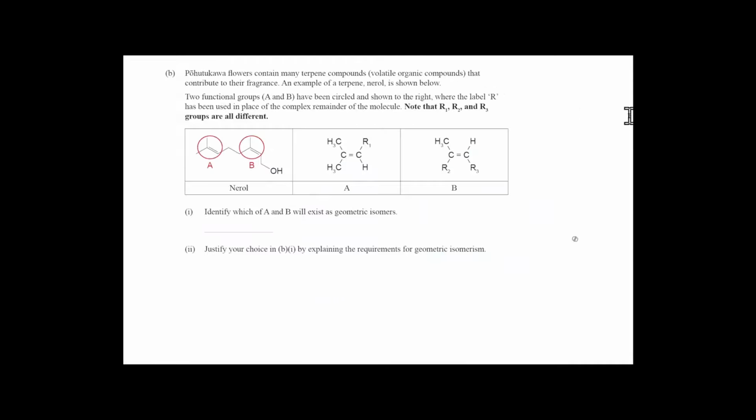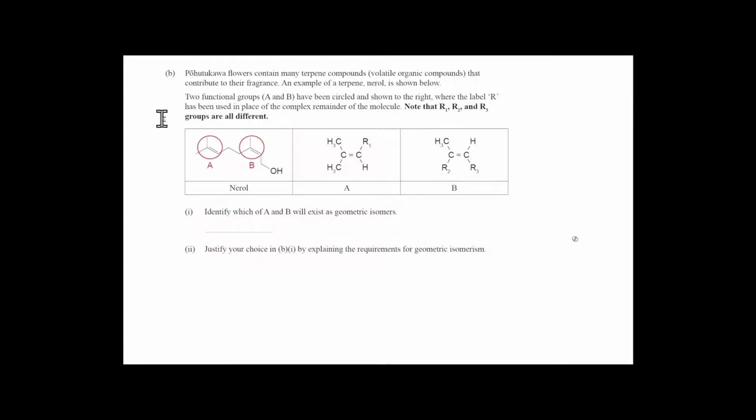Putakawa flowers contain many terpene compounds, volatile organic compounds that contribute to their fragrance. Okay, you learn something. An example of a terpene, nerol, is shown below. Two functional groups, A and B, have been circled, shown on the right, where the label R has been used in place of the complex remainder of the molecule.